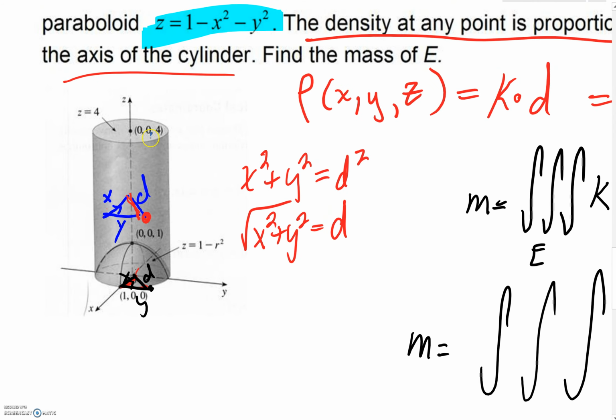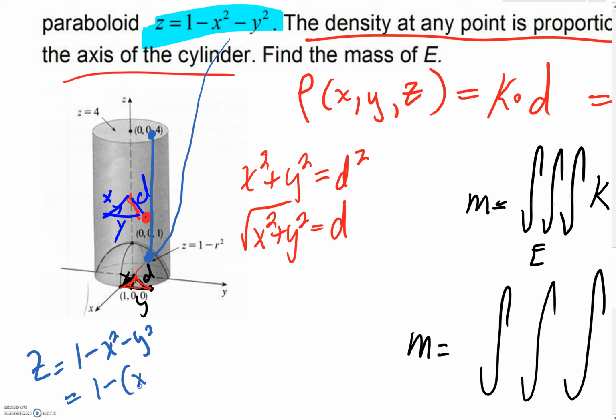Well, real quickly, we could say that's the highest one, and down here, touching that little dome, that paraboloid, that's the lowest. Now, you would know that the biggest z value is going to be a 4. And the lowest z value is going to be this 1 minus x squared minus y squared. You can see that vertical line is really representing this.